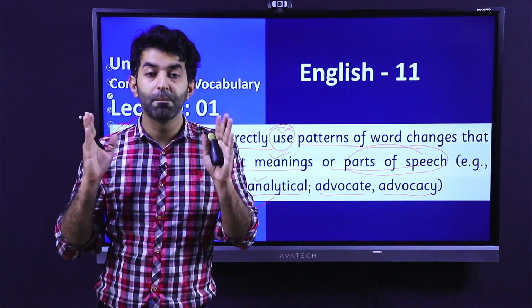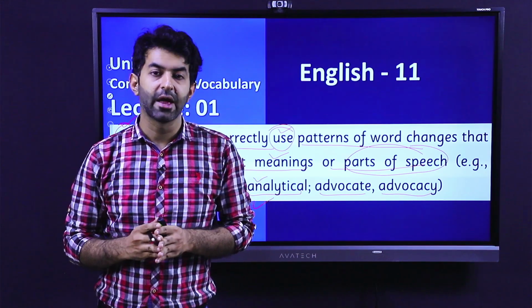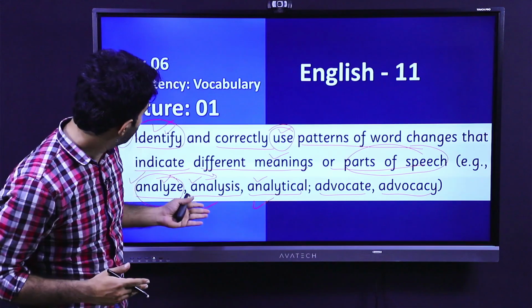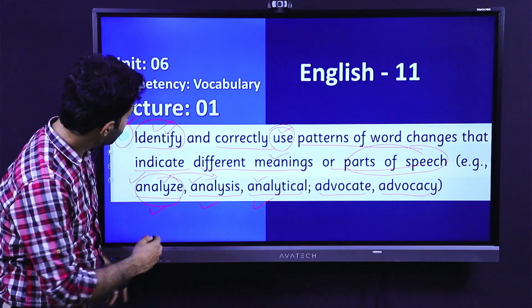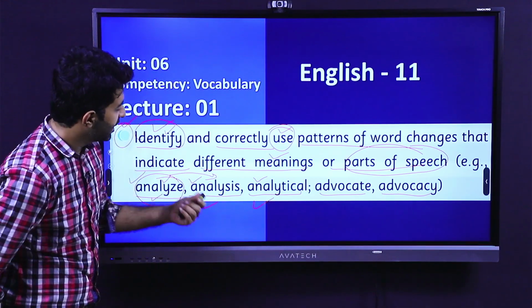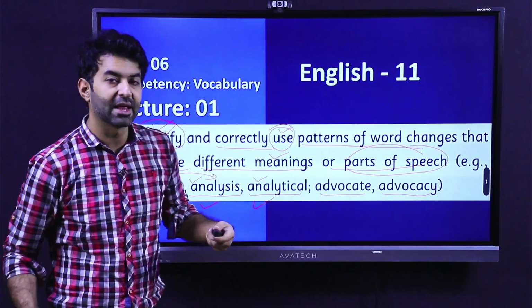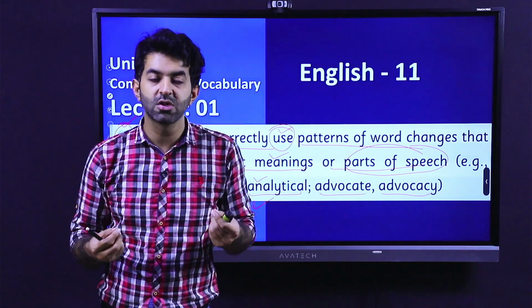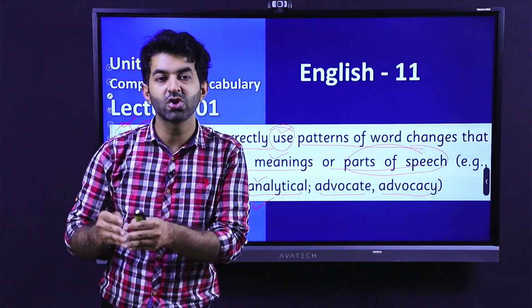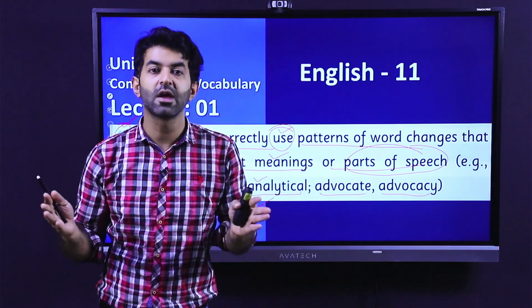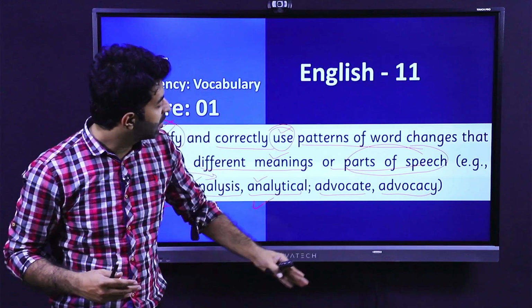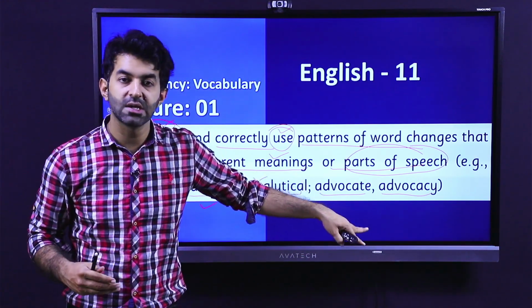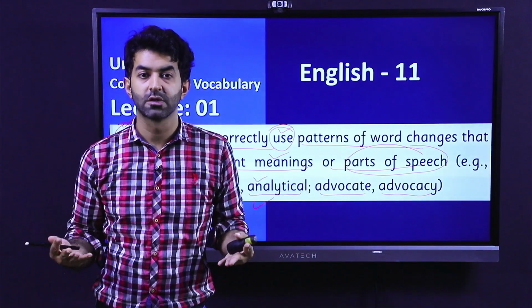We need to make sense of these words. For example, we have a similar word analyze that makes up analysis and analytical. They have the same origin, but the classification and meaning change in the way we use them. Similarly, the word advocate, advocacy, and all of these words.